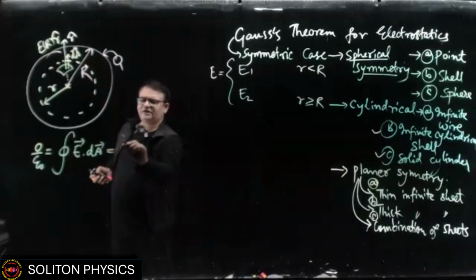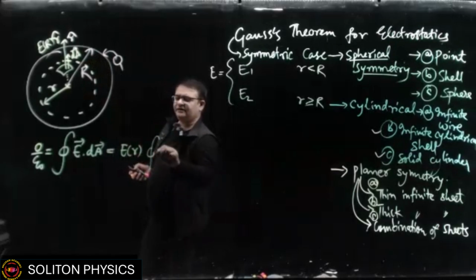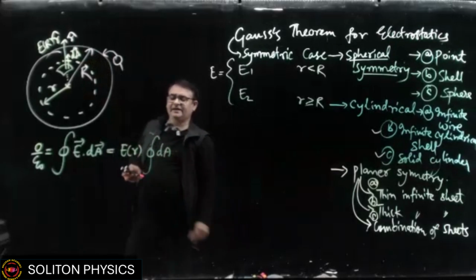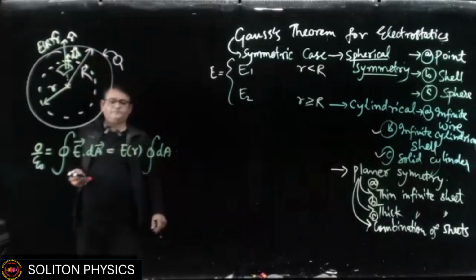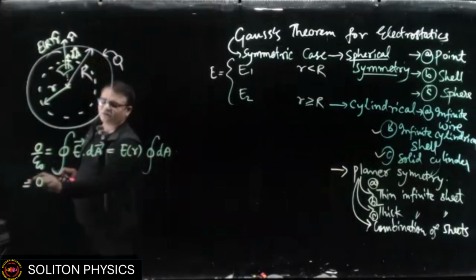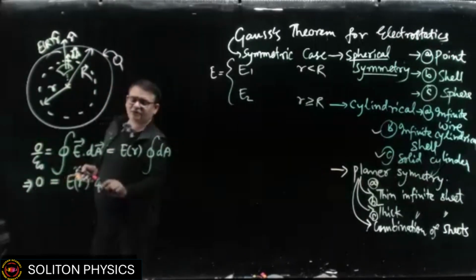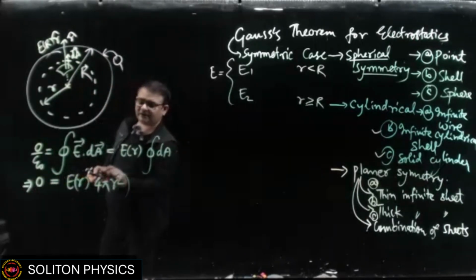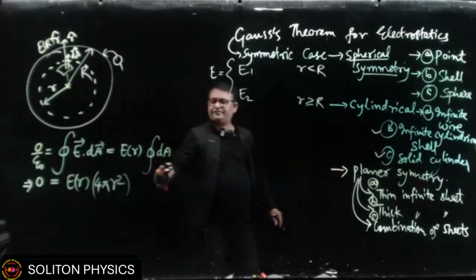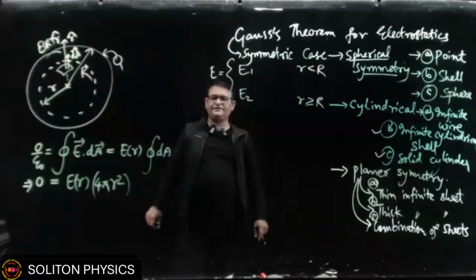So I can clearly write E in the radial direction times integral dA. Now I know the left side is 0. On the right side, it is the product of E times 4 pi r square, right, because this gives me the area of this spherical Gaussian surface.